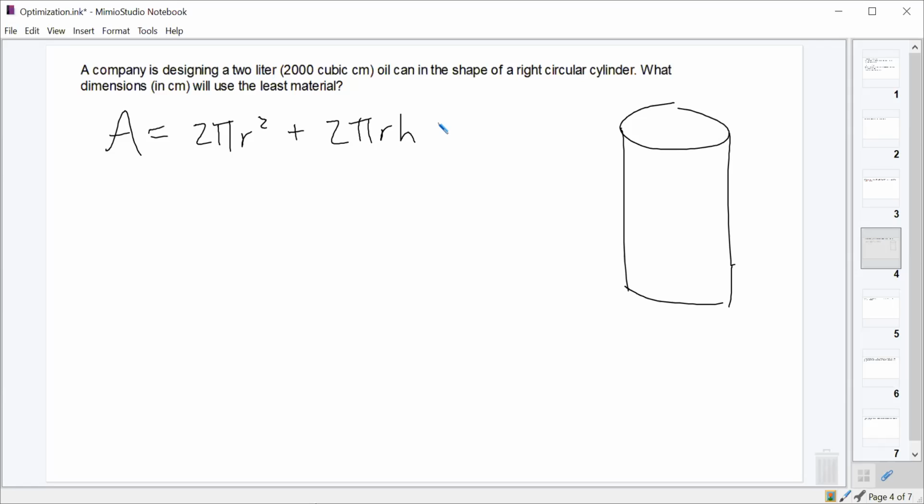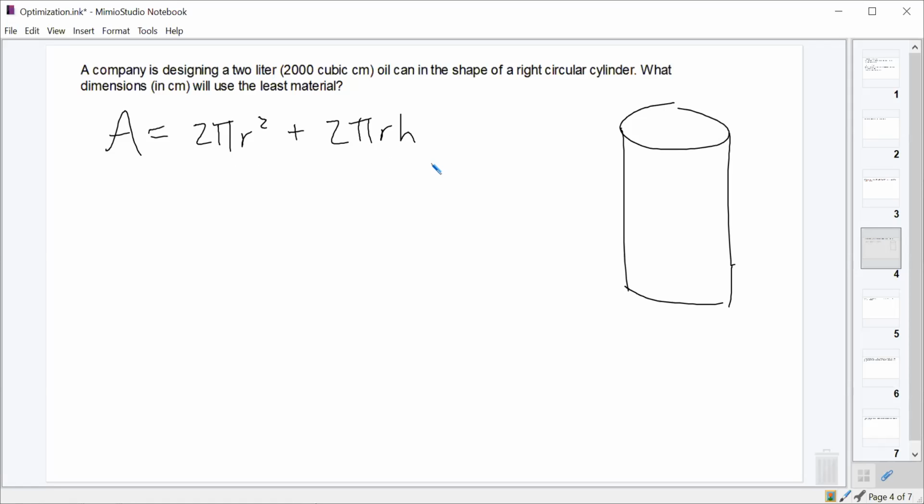What's the issue with this formula for area? There's more than one variable. Yeah, we need one variable. We got multiple variables, right? We got 2 pi r squared plus 2 pi r h. So we got an r and an h. So we need to find a way to relate the r and the h together.